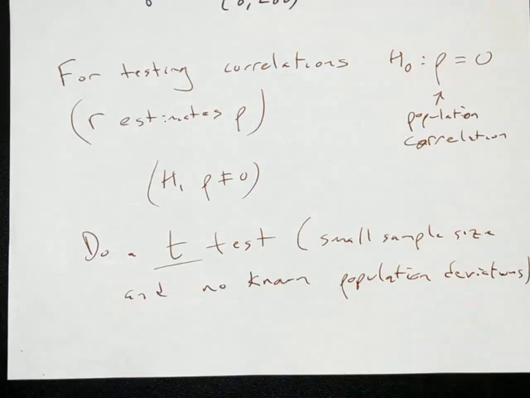Now, if I'm doing a t, I need my degrees of freedom. Remember, our t table has all those degrees of freedom lines on them. All right, wait a minute. When we figured out R, I used two pieces of information. If I go back and look at that big ugly formula, I had an X bar and a Y bar in there.